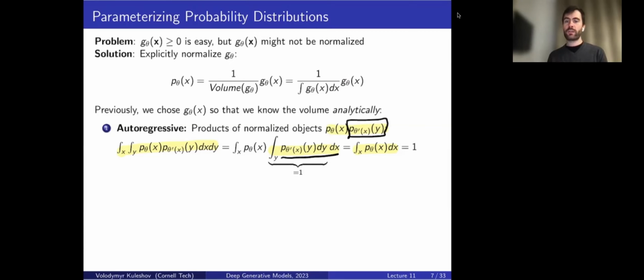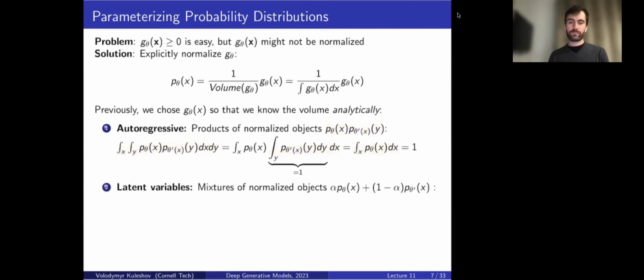So when we define autoregressive models, we're always choosing the conditionals to have tractable integrals. And therefore, their product is also something that normalizes to 1.